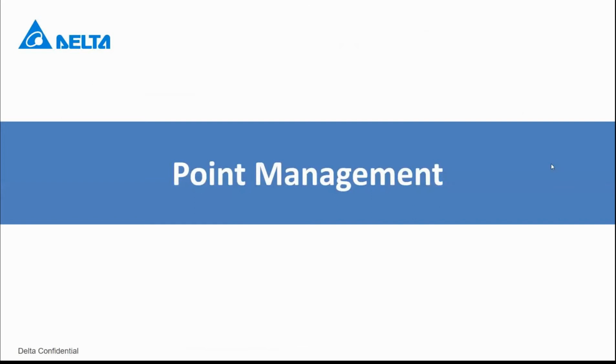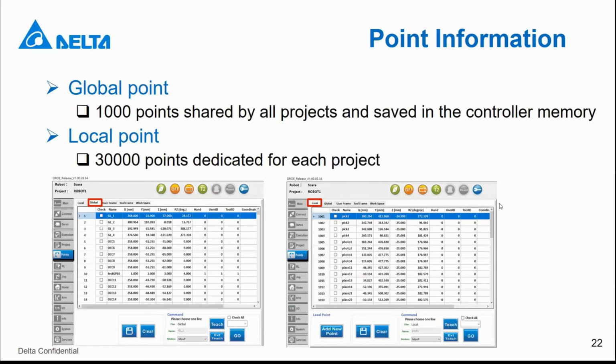And next is the point management. In our robot system, we have two different point tables. One is the global point. This is a point table which is stored only in the robot controller. This one can only store up to 1,000 points, but these 1,000 points can be shared by all projects.